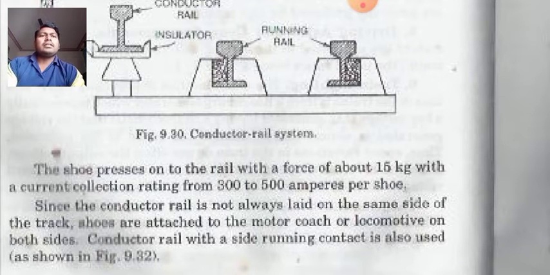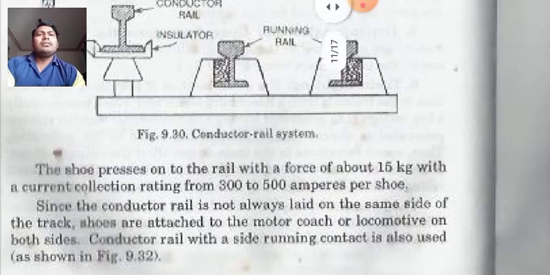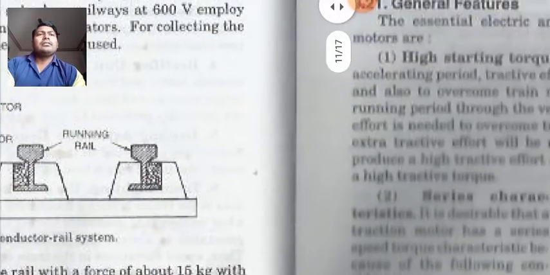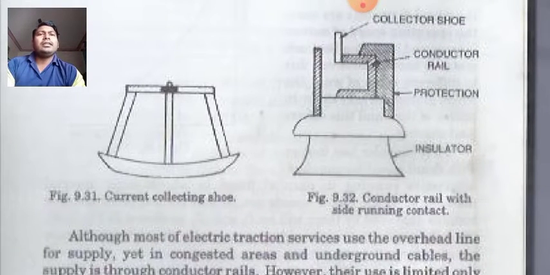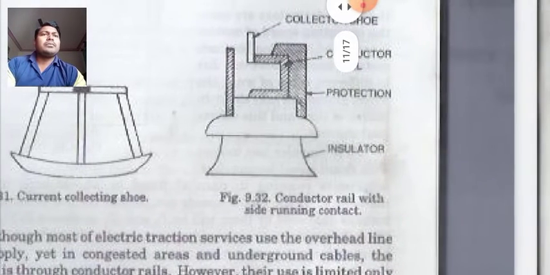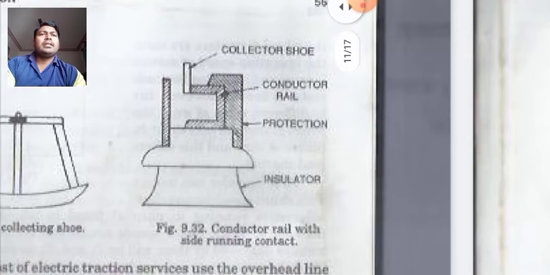Conductor rail with a side running contact is also used, as in the diagram. Let us check the diagram. Yes, so these are current collecting shoes. You can see from here the conductor rail protection insulator, and the conductor rail with side running contact.